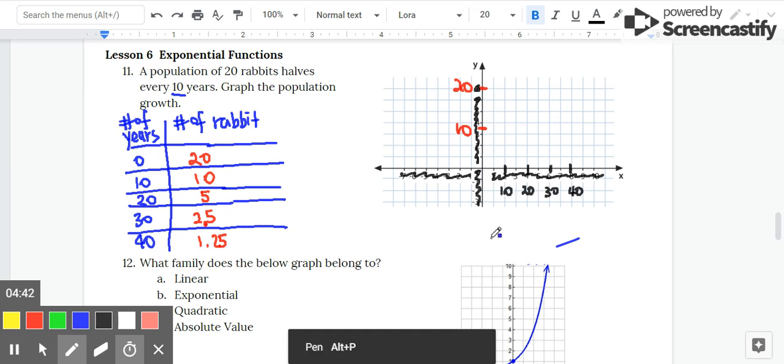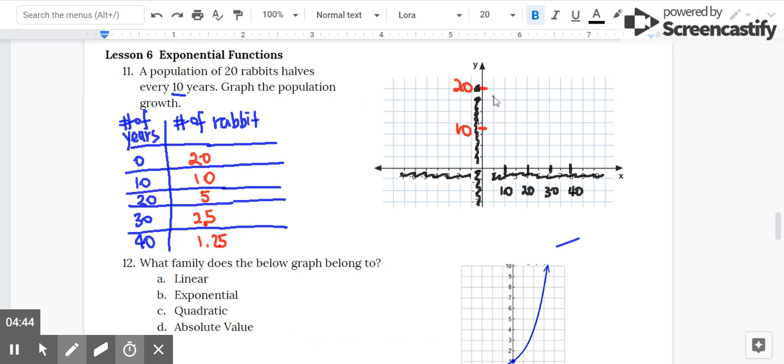All right, so I'm going to ignore all the numbers, all the scale, then I just put a new scale. And like I said, if you go up by the same number, the same length, then you should be fine. So when it's 0, you start from 20. After 10 years, it's going to be 10. After another 10 years, it's going to be 5, so it should be in the middle.